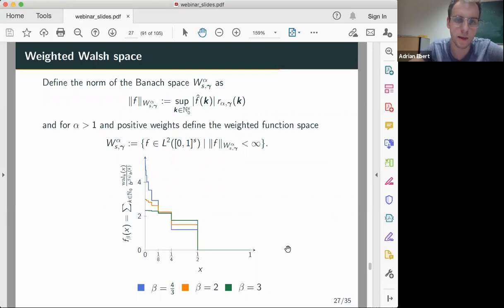And based on this, we can again define our function space. This is our function space WS gamma alpha, which is a weighted Walsh space. As opposed to the smooth functions that we saw before, if you now consider a very similar Walsh series, you can see that these are basically step functions.